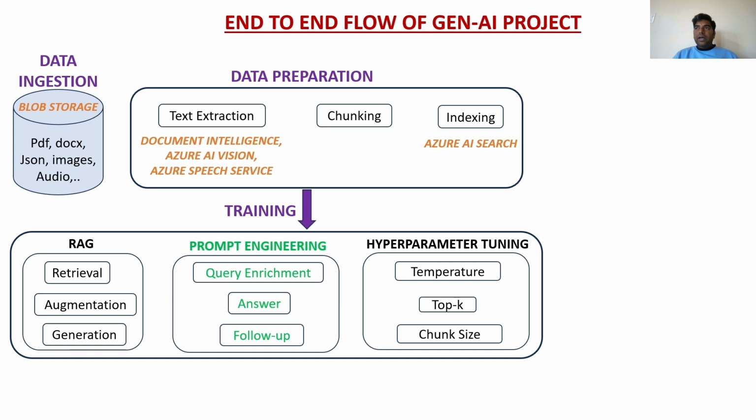Query enrichment is when the user gives an input, the LLM might or might not understand it very clearly. So what we do is we enrich the user input so that the LLM can understand it better. That process is called query enrichment, and the prompt that we write for that functionality is called the query prompt.